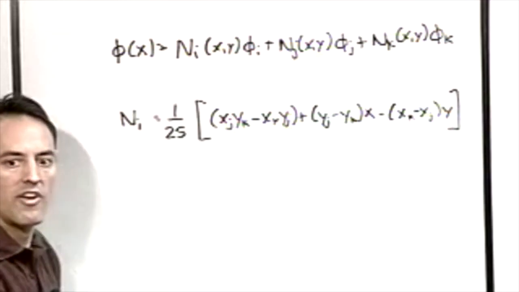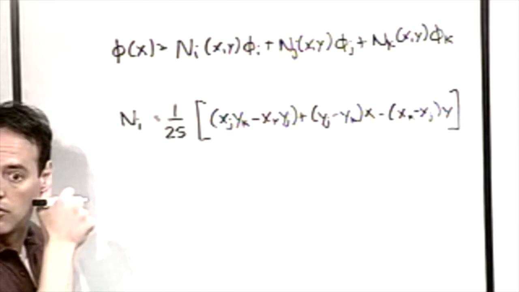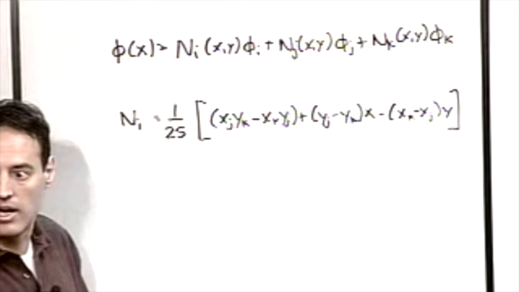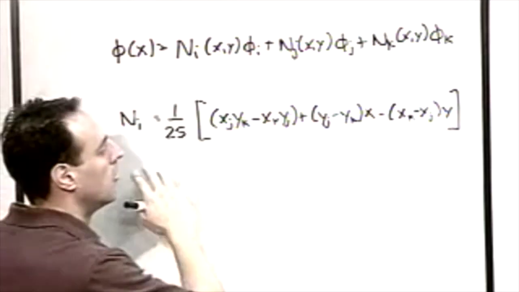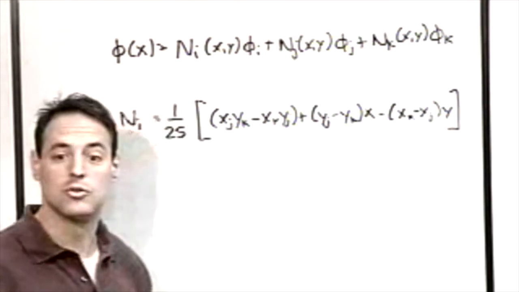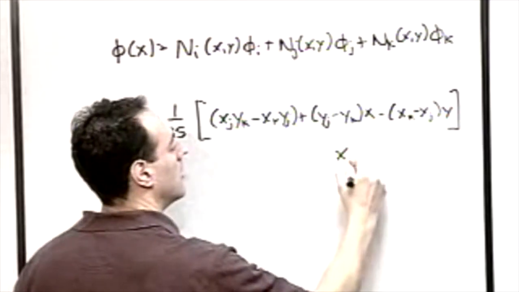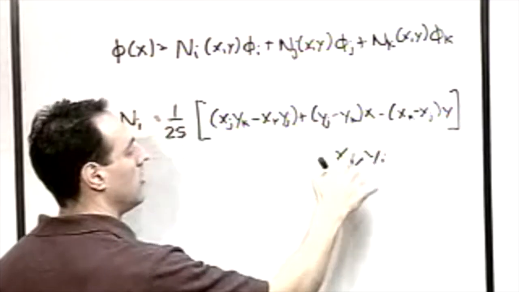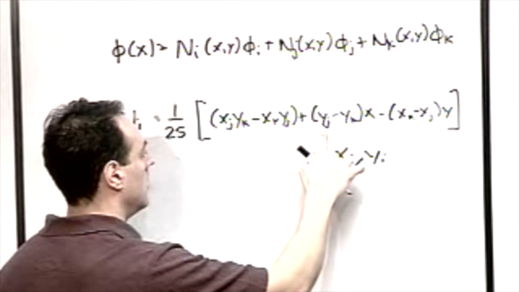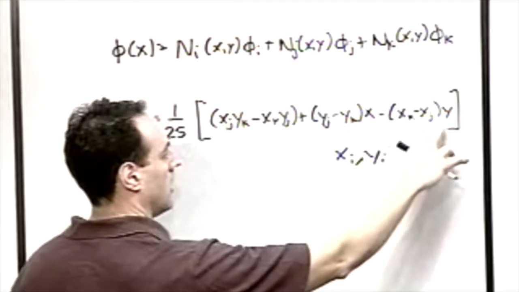So let's ask what the value of this thing is for x of i, x of j, and x of k at these 3 different points. At the point x of i, y of i, what is this thing? Put in, and hopefully I put in all my coefficients correctly. When you have x of i, at that point you get x of i here, so x of i, y of j, and that's y sub j.